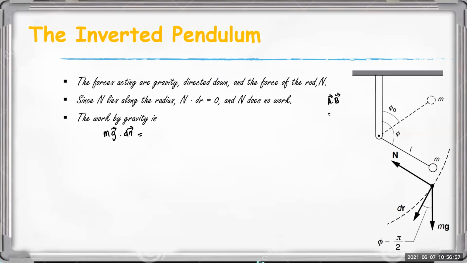It is equal to modulus A into modulus B into cos theta, where theta is the angle between A and B. In a similar way, we write m into g into modulus of dr cos of the angle between them, which is phi minus pi by 2.